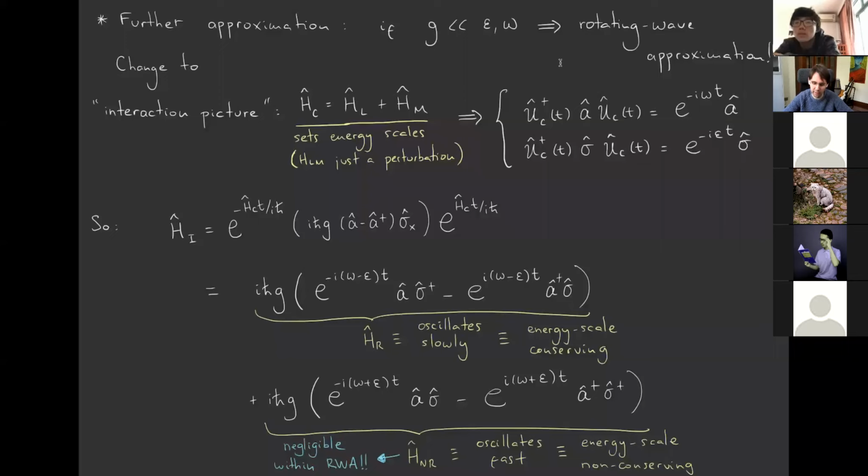And again, this can also be justified once you know the energy scales, just by energy conservation arguments. Creating a photon and creating an atomic excitation are both processes that require a given energy, from the energy scales that we have.